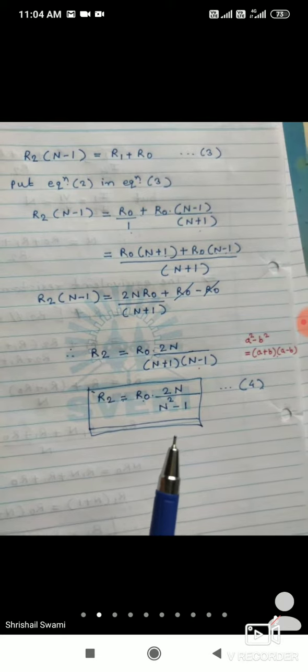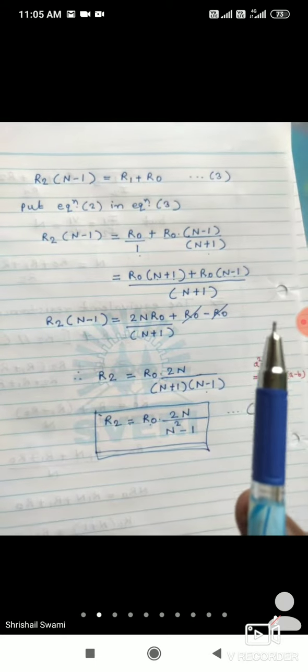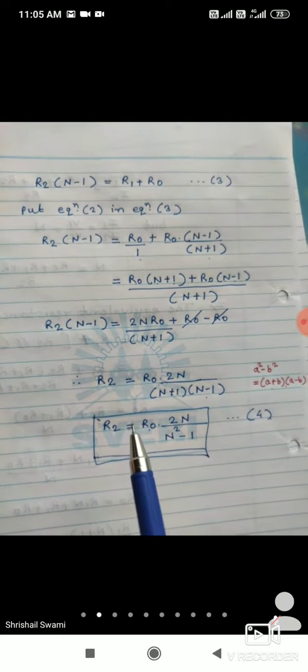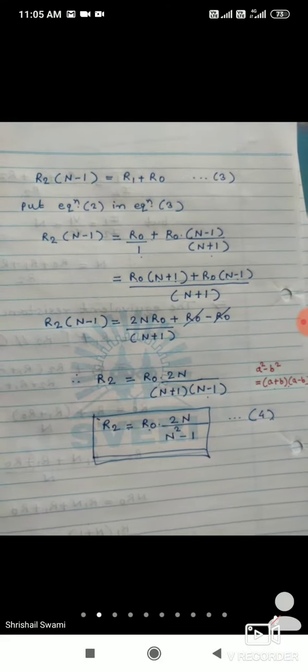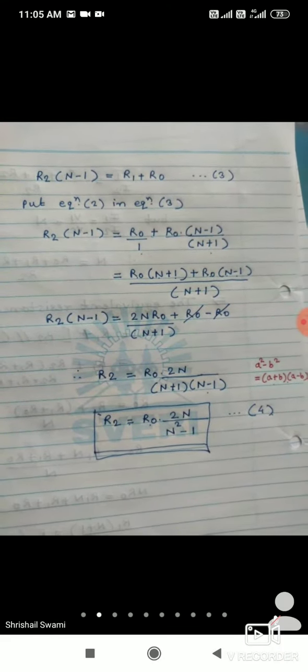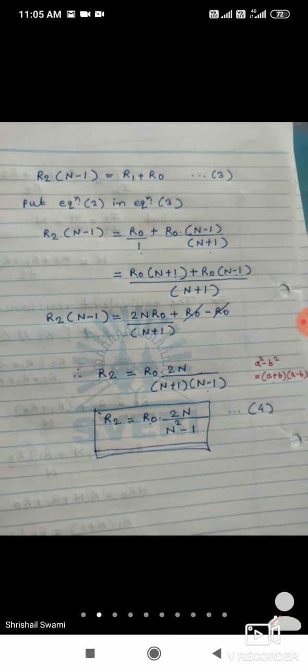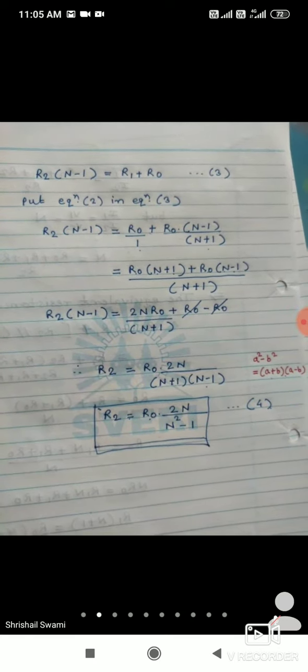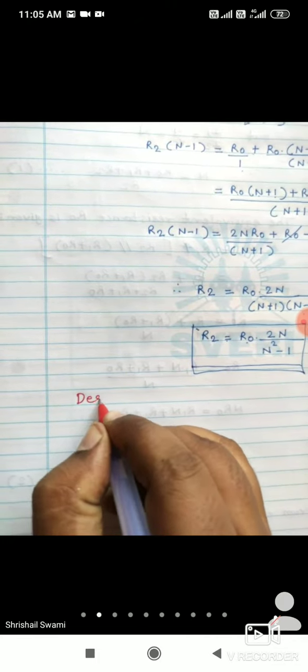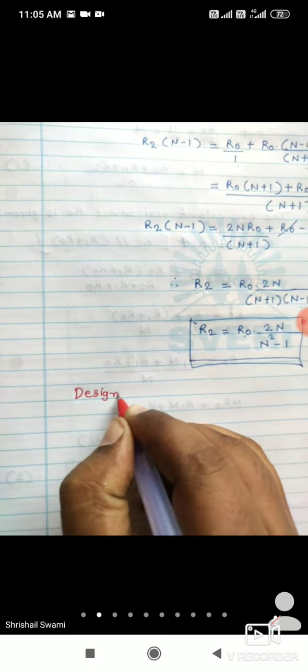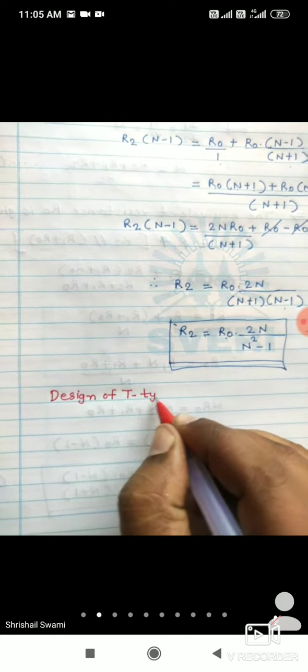Actually, we require 3 formulas. Two formulae we got: one for R1, one for R2, and the third formula will be the relationship between Napier and decibel. So I will give the design formulas here which we require, for the design of the T-type attenuator.